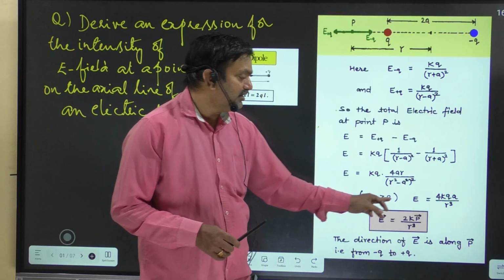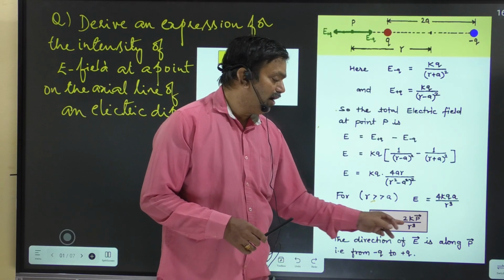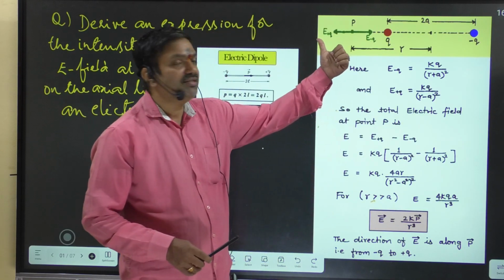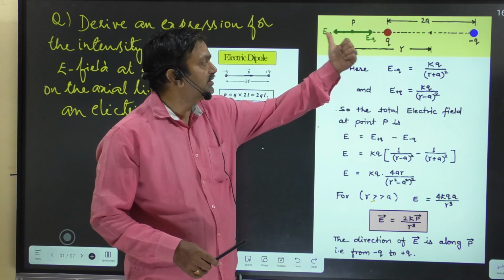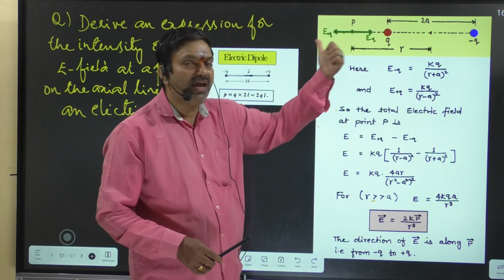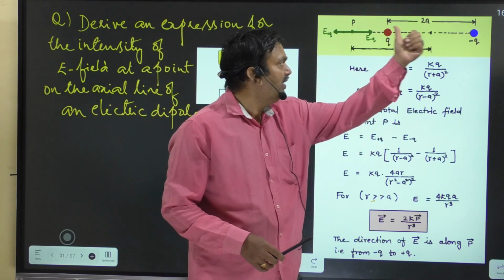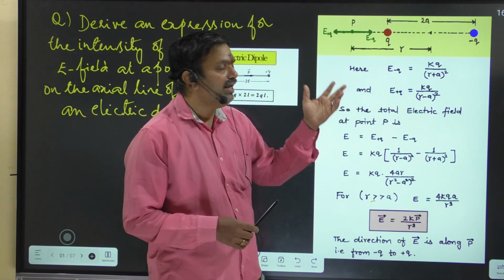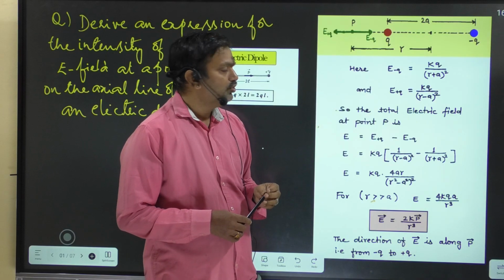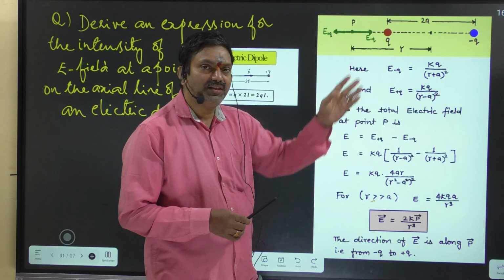This is only the magnitude of the electric field. Of course, it will be acting along the same line joining the dipole, that is the charges, because the axial line is also on the same line, which is nothing but the line joining the charges.